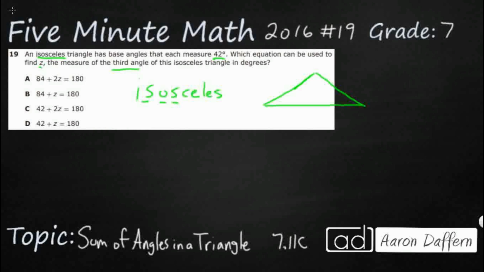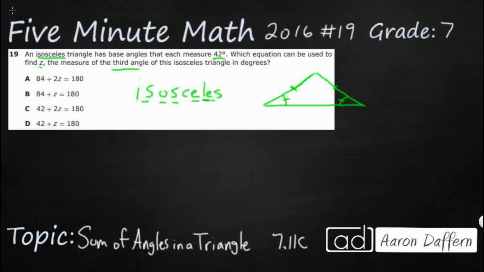So you've got two sides that are the same right here, and you've got two angles that are the same right here. Or you've got an ELE, so equal, long, equal. Something like that to show that it's a type of triangle and it's got two sides and two angles that are the same, one that's different.